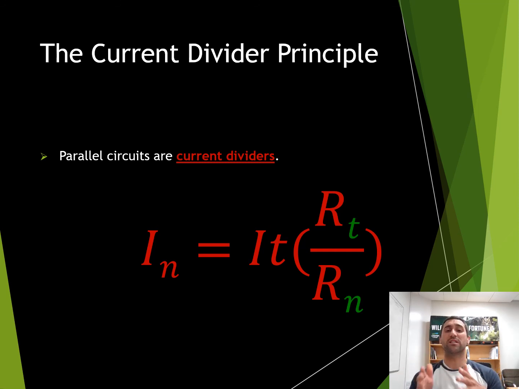And you can choose to use this for solving those questions that we did previously with current and finding the branch current values if you want to. Personally, I don't use this one often. I tend to focus on Ohm's law and the power formula for solving all of those values. But here it is for you.